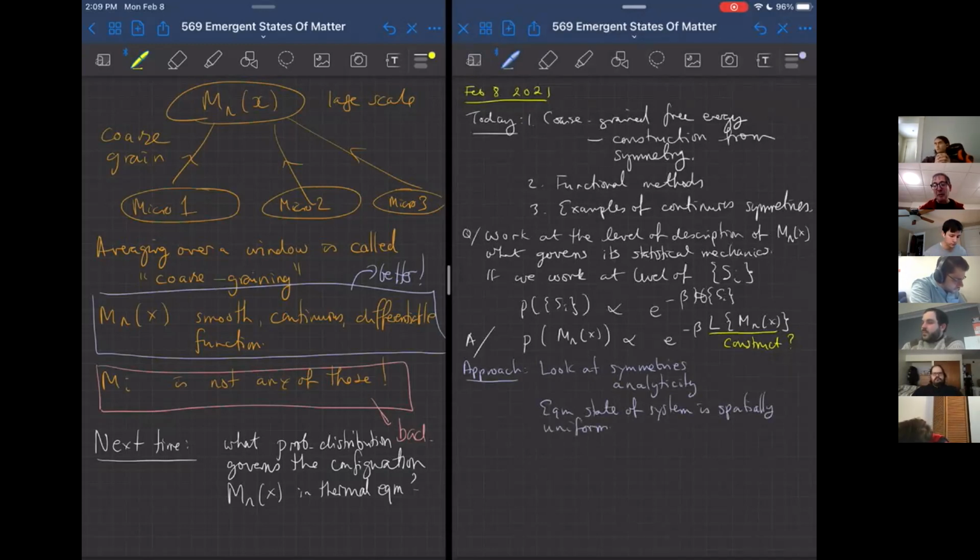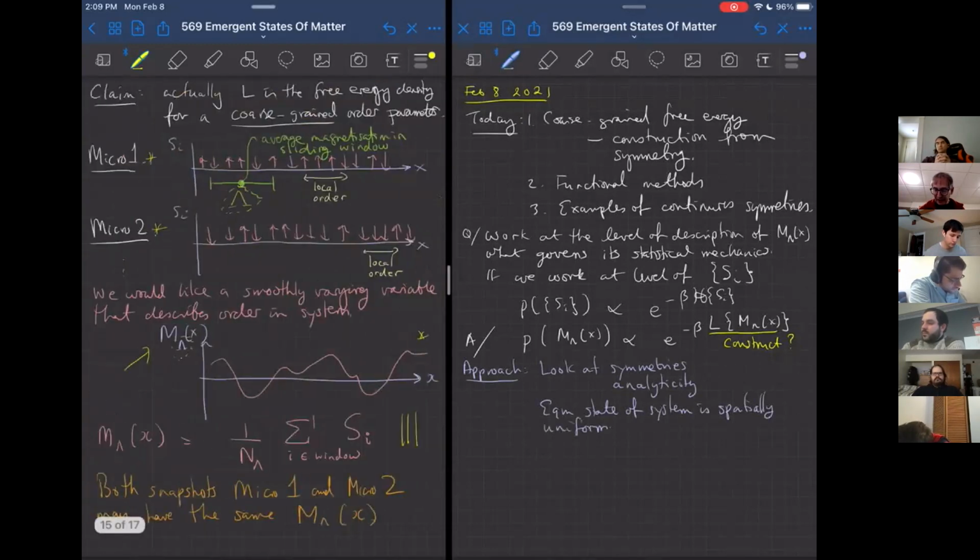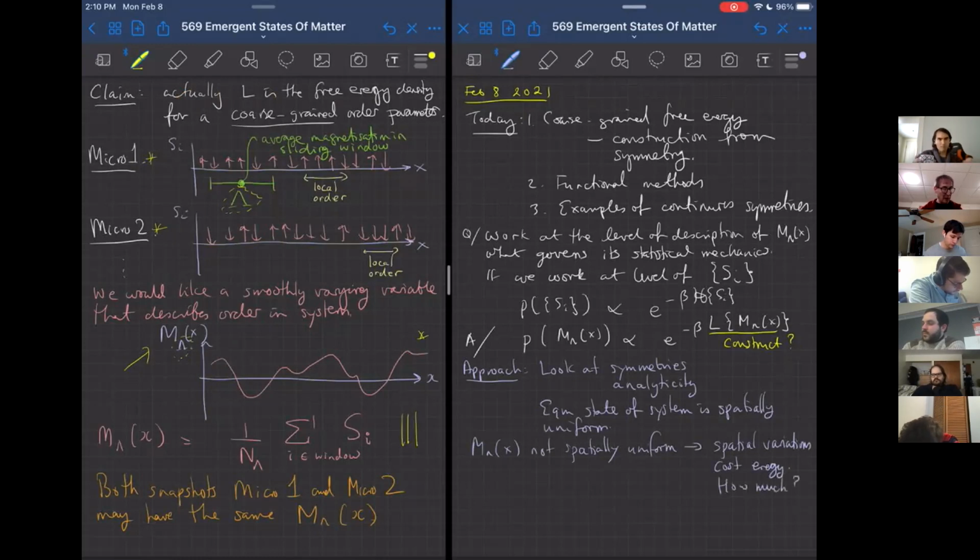And so then we have to ask, if we have an m lambda of x which is not spatially uniform, then that means that spatial variations must cost energy. And so then the question is, how much? And how do we quantify that?